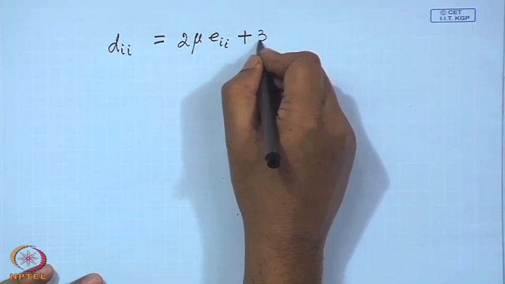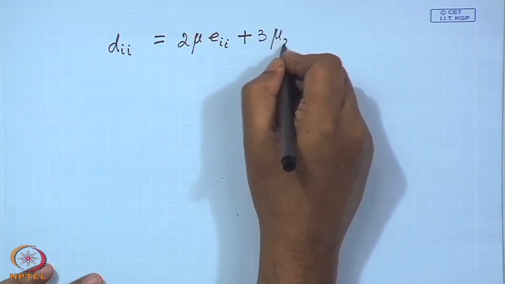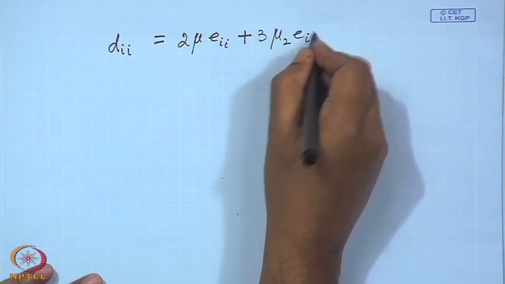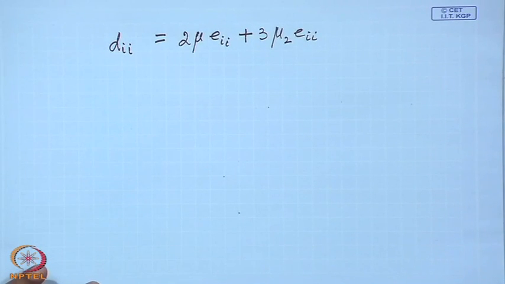So what will it be? Mu_2 du_k/dx_k into delta 1 1 plus delta 2 2 plus delta 3 3. What is delta 1 1 plus delta 2 2 plus delta 3 3? It is 3. So that term becomes 3 mu_2 du_k/dx_k. Du_k/dx_k is the same as E_kk, which we can write as E_ii. The second term becomes 3 mu_2 E_ii.